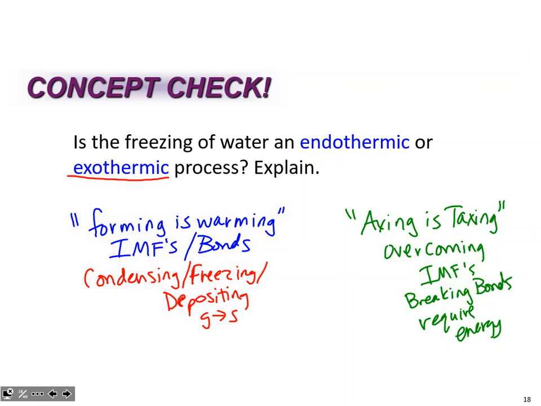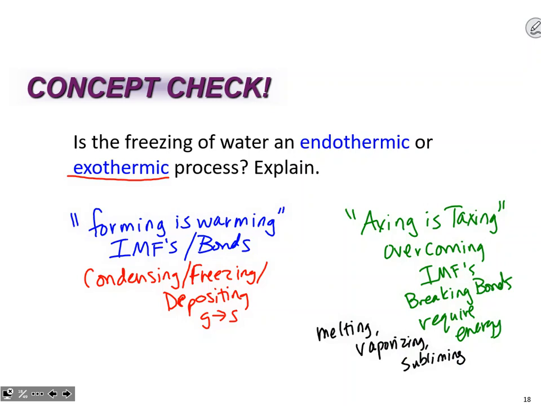So that means the other three phase changes are going to be opposite, right? So melting, boiling or vaporizing, and subliming. Those all require energy to overcome the forces, to spread out the particles.